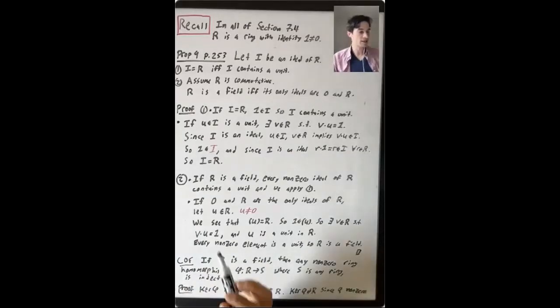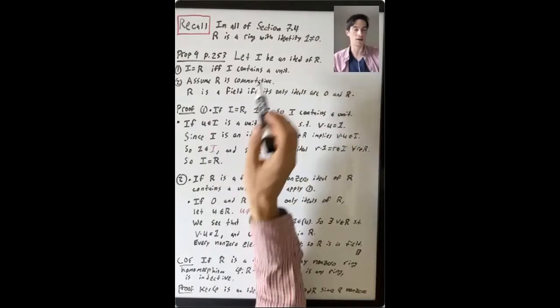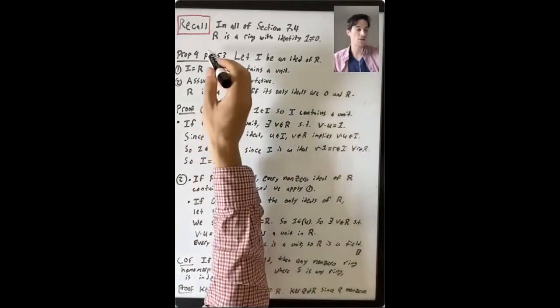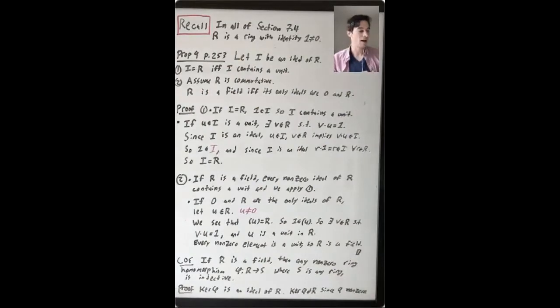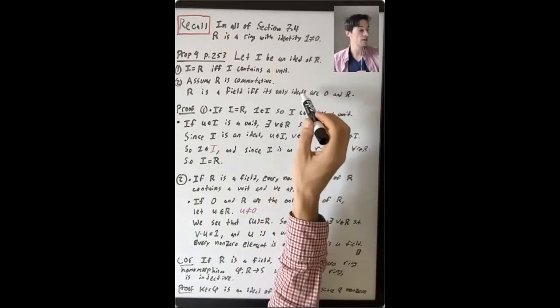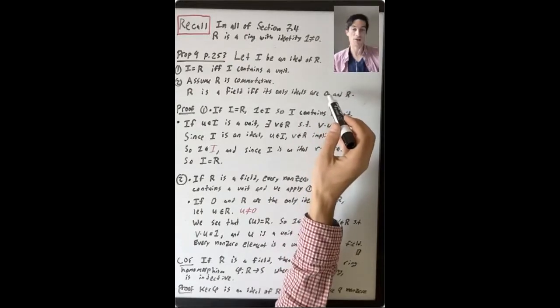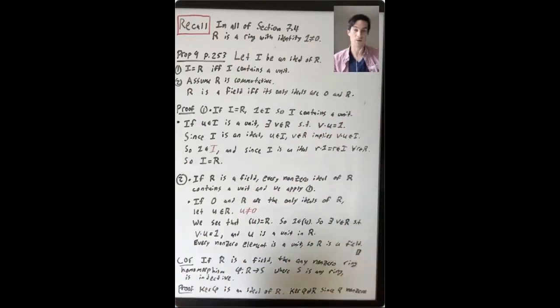And one last thing. Here we have this assumption that R is commutative. What if you ask for the non-commutative analog of proposition 9 here? What does it mean if you have a ring that has an identity but is not necessarily commutative and all of its two-sided ideals are the trivial ideal or the entire ring R? Dummit and Foote have a short discussion about this.